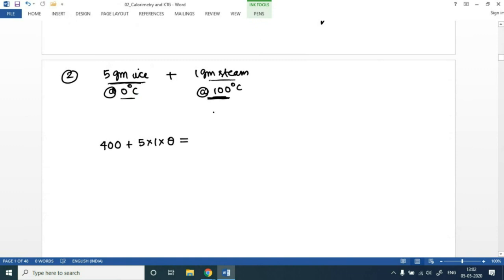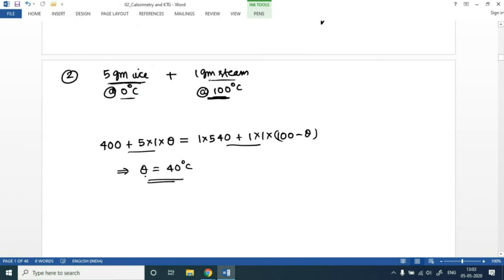So heat lost by the steam in getting itself condensed would be 1 into 540, and that condensed water will now change its temperature from 100 to theta. So the heat lost would be 1 into 1 into (100 minus theta). So that is heat gained and that is heat lost, and solving that clearly, theta you will be getting as 40 degrees Celsius over here.